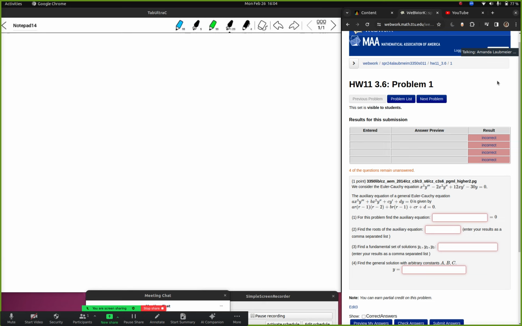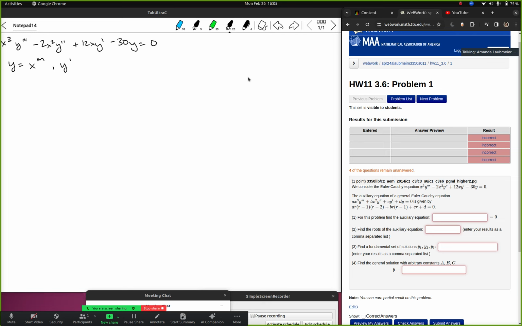So, working on problem 1, we've got this ODE to solve. x cubed y triple prime minus 2x squared y double prime plus 12x y prime minus 30y equal to 0. And WeBWorK gives you this big formula that you can plug in, but the way that you can remember how to do this problem is just to say, okay, I think y is x to some power, because this is a Cauchy-Euler equation with powers of x that match the derivative I'm thinking about.